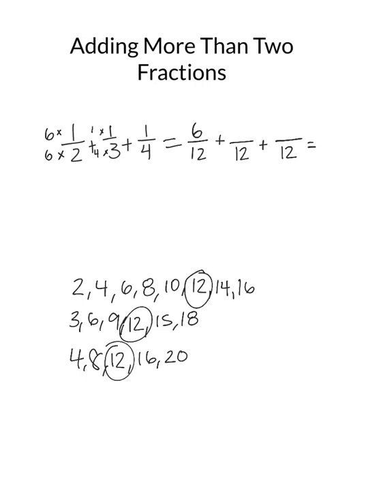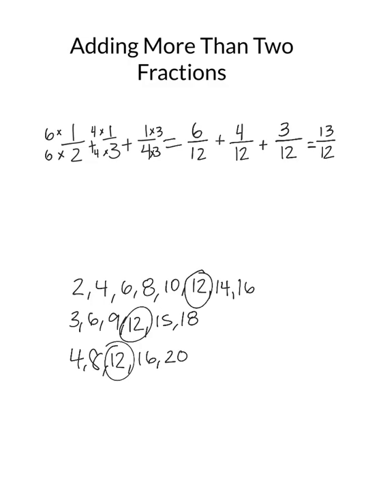I multiply the top by 4. 1 times 4 is 4. Lastly, 4 to get 12, 4 times 3, so I multiply the top by 3 too. 1 times 3 is 3. Now that I have common denominators, I just add them all up. So 6 plus 4 is 10, plus 3 is 13, so 13/12.